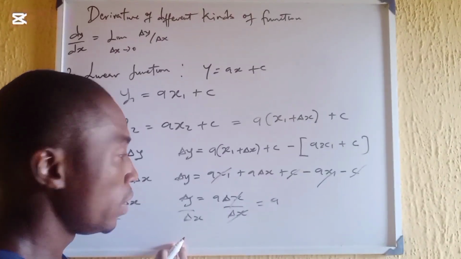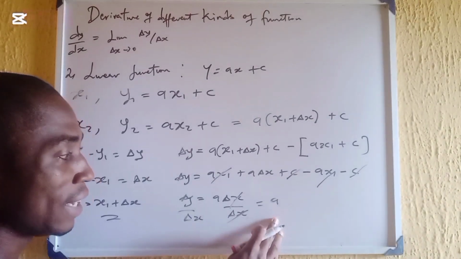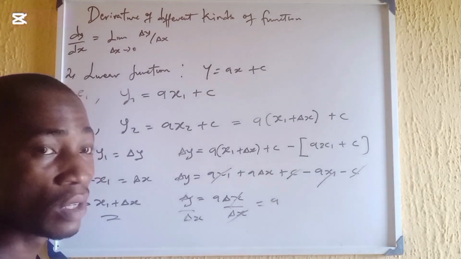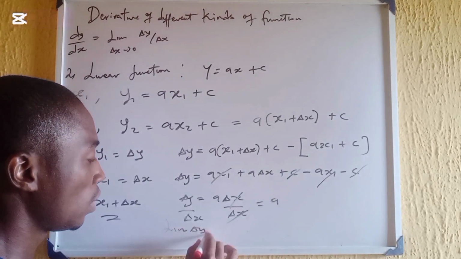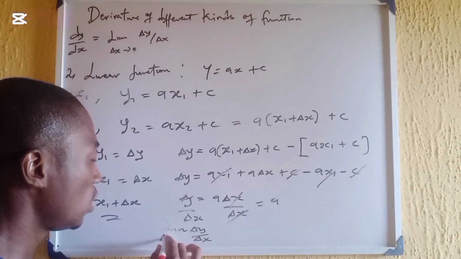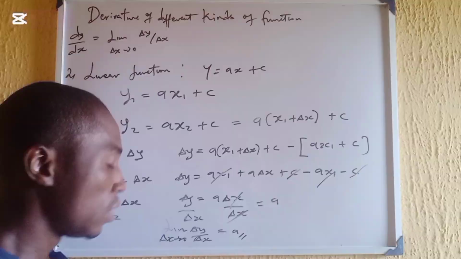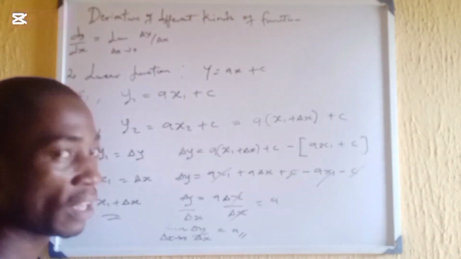Now let's take the limit. You can see that change in y over change in x is a. And a is a constant. It doesn't change with what? With x. So in that case, the limit of change in y over change in x as change in x tends to 0 is equal to what? a. That's the same thing we did for the previous function. Assuming a is 0, we'll be having 0.